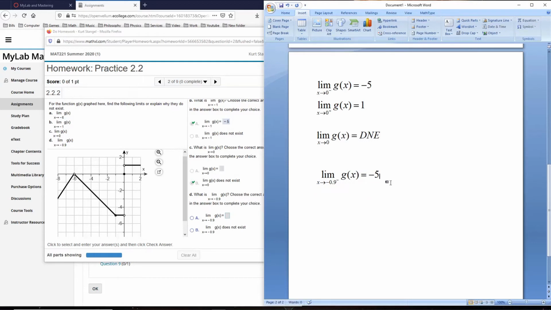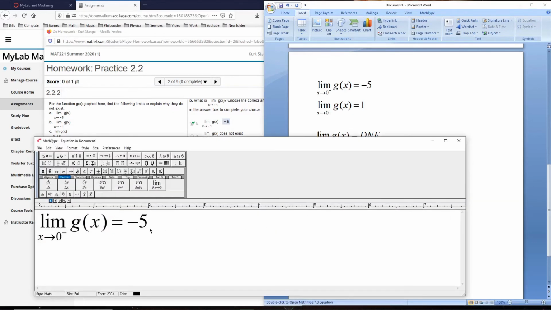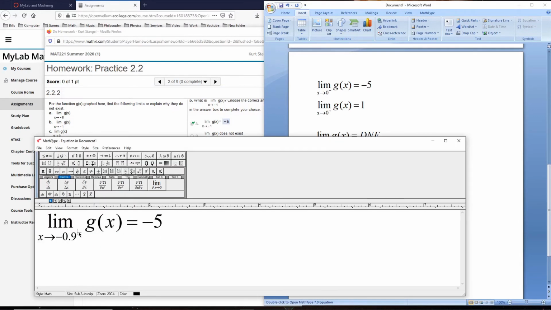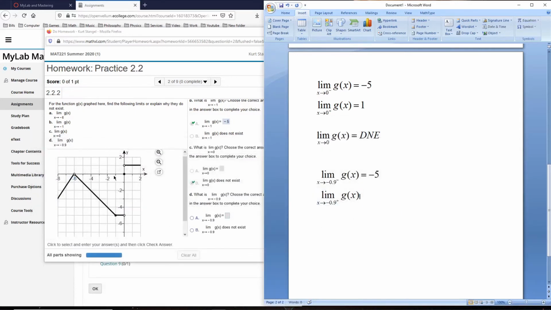So let's do the other side, approaching from the right. So -0.9, very close to -1. And approaching from the right means we're on the same segment here. And that's at a height of -5.